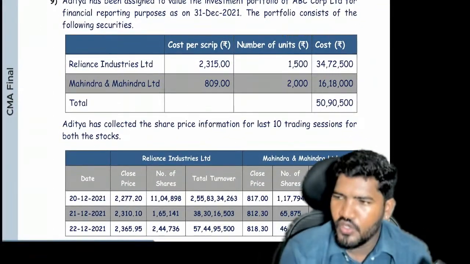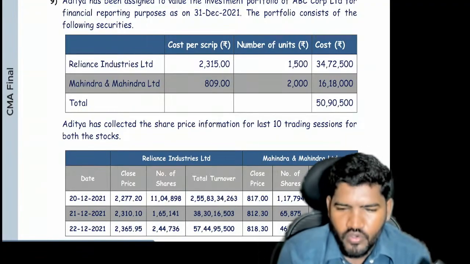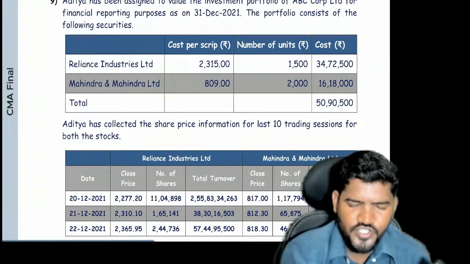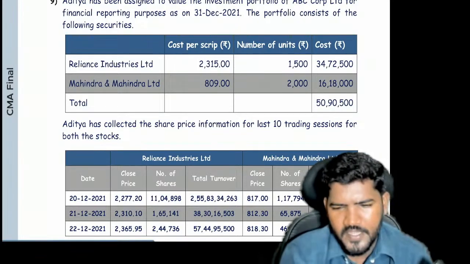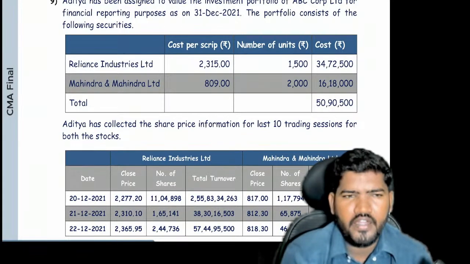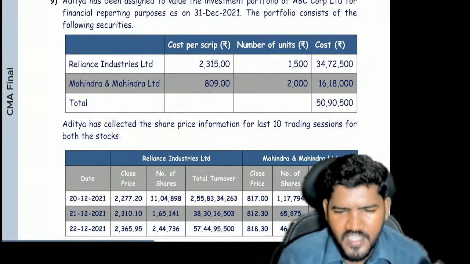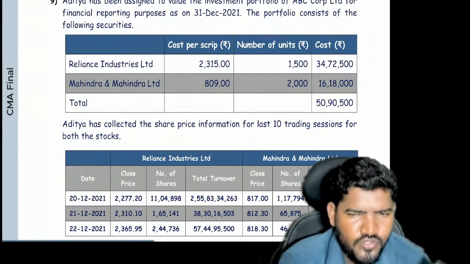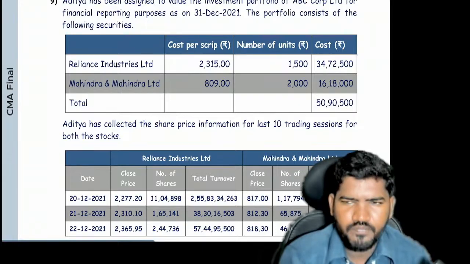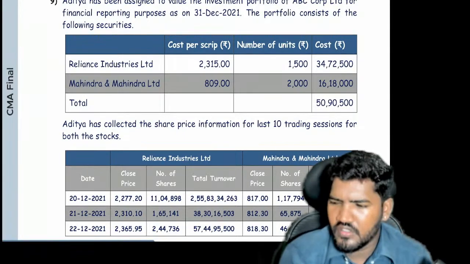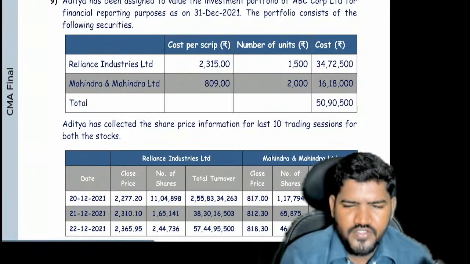Here is the issue. Don't take closing market price per share. Why not? Because of the day effect. Take just an example to understand the day effect. The COVID situation, it is a pandemic. In a pandemic situation, automatically all company share prices go down.